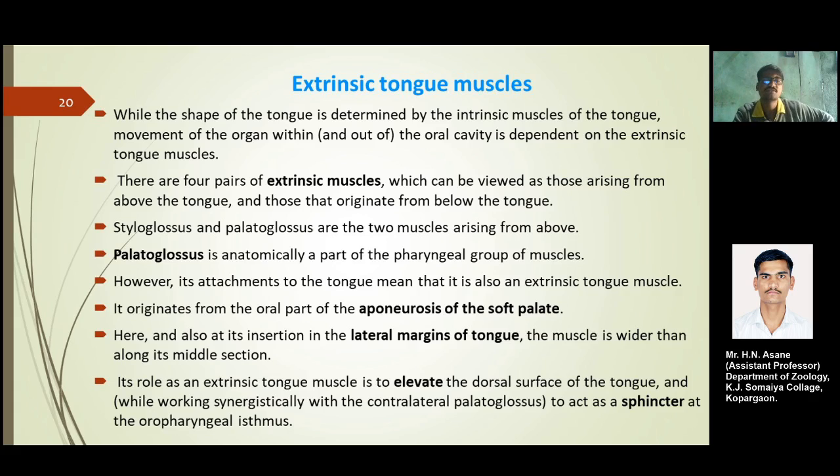The shape of the tongue is determined by the intrinsic muscles, while the movement of the organ in and out of the oral cavity depends on the extrinsic tongue muscles. There are four pairs of extrinsic muscles that help with this movement.